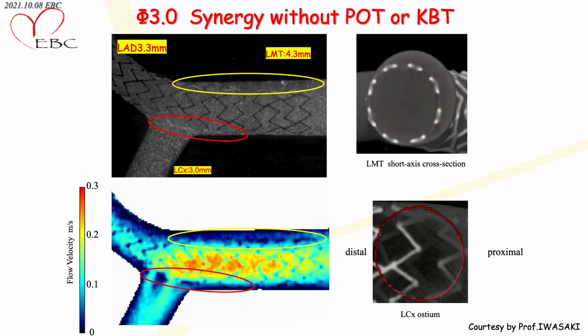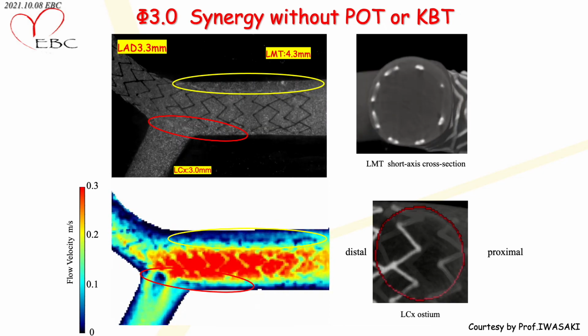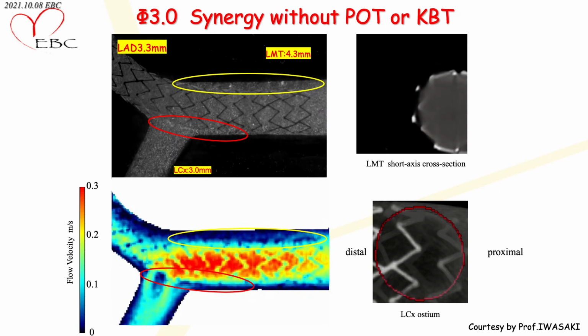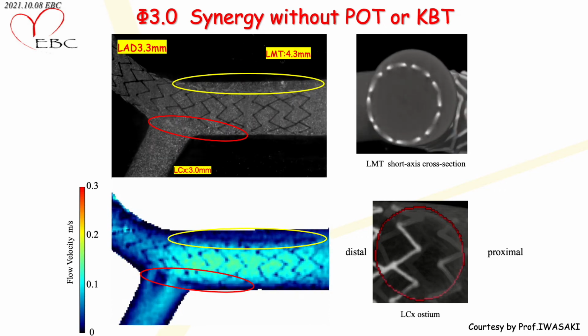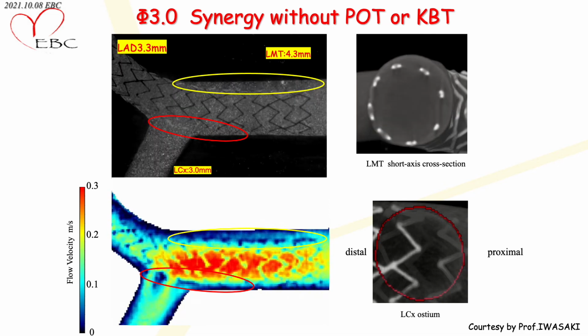Furthermore, on the jailed circumflex ostium, it is easy to see that blood turbulence and drop are occurring on the back of the strut.